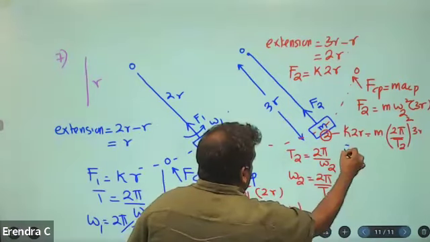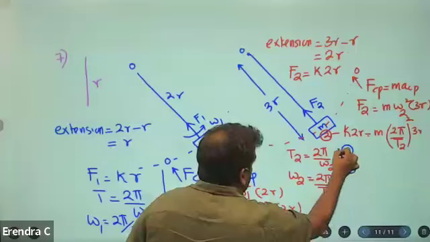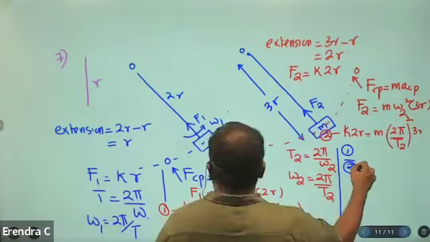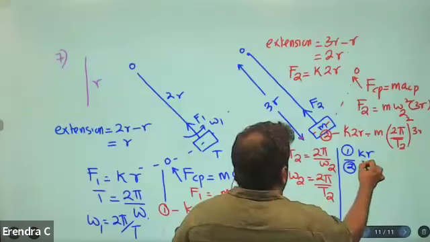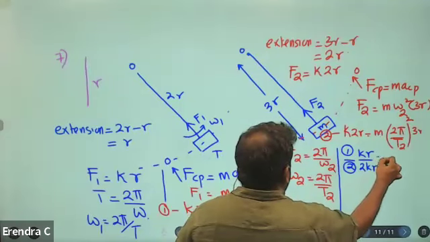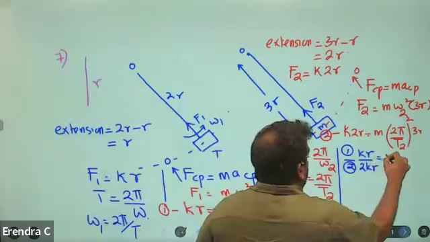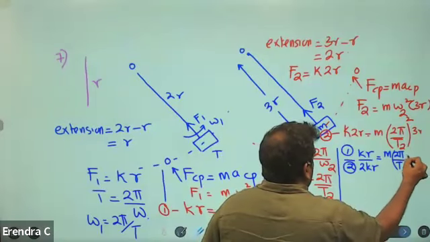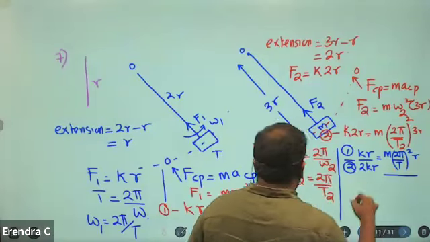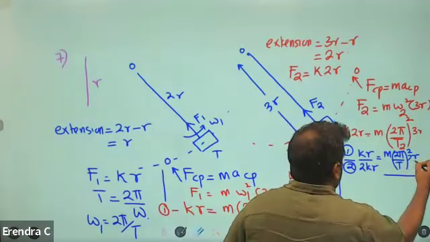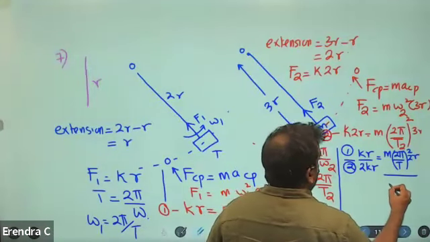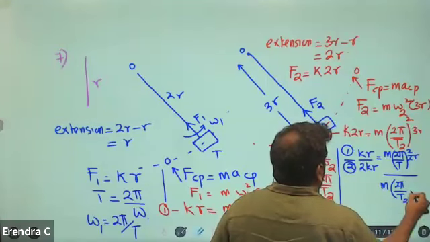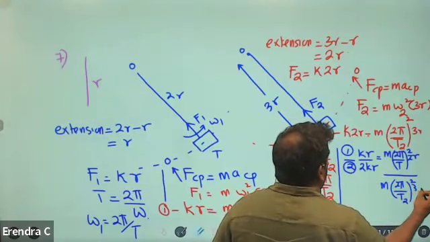Divide the first equation by the second equation. Left hand side separately, kr divided by 2kr. M times 2 pi over t whole thing squared radius over 2r, over m times 2 pi over T2 whole thing squared 3r.